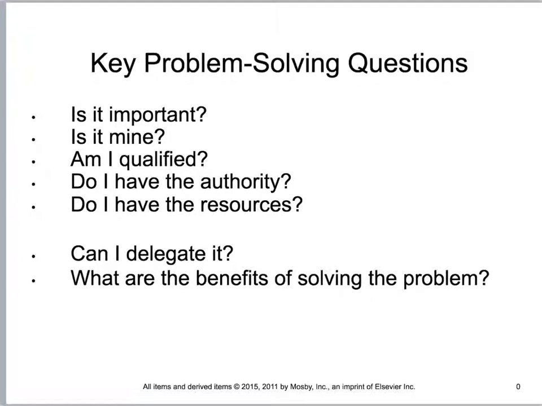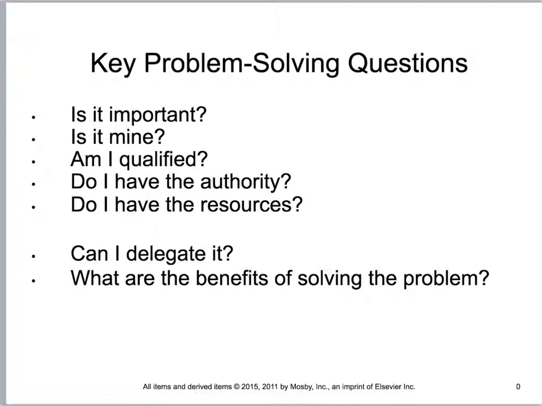For example, if the answer to the first 5 questions is no, then you have to decide what to do next. Is it important? No. Is it mine? Does it affect me? No. Am I qualified for it? No. Do I have the authority to change it or start creating a change?